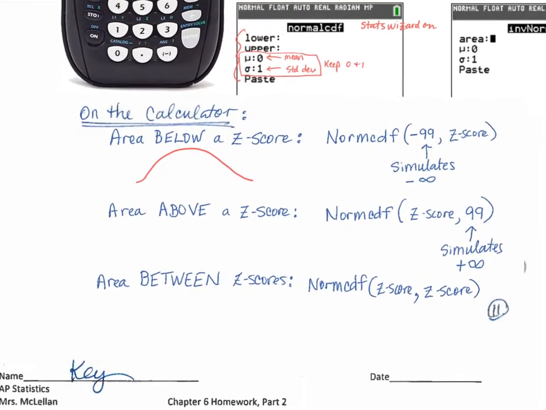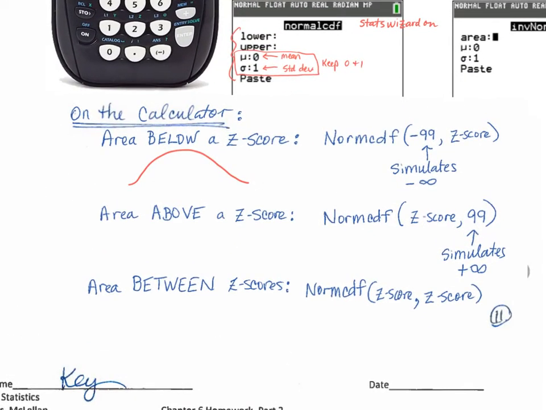So essentially what that's doing is saying, here's a z-score of 0, that's the mean. Here is a z-score of negative 0.66, and we wanted this area out to negative infinity. So we wanted this whole entire lower section, and that's what you would have drawn on your picture.